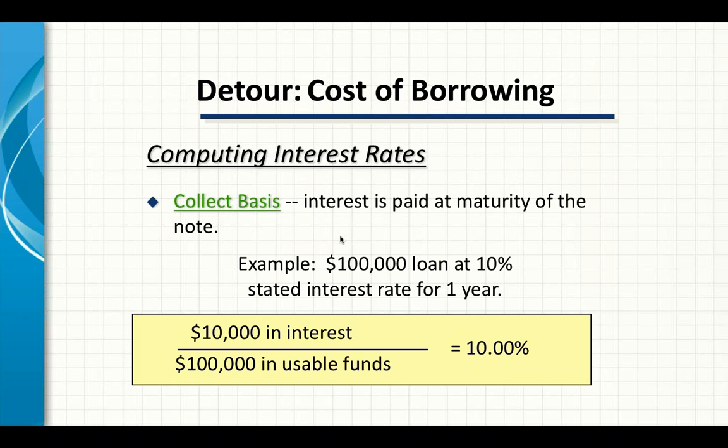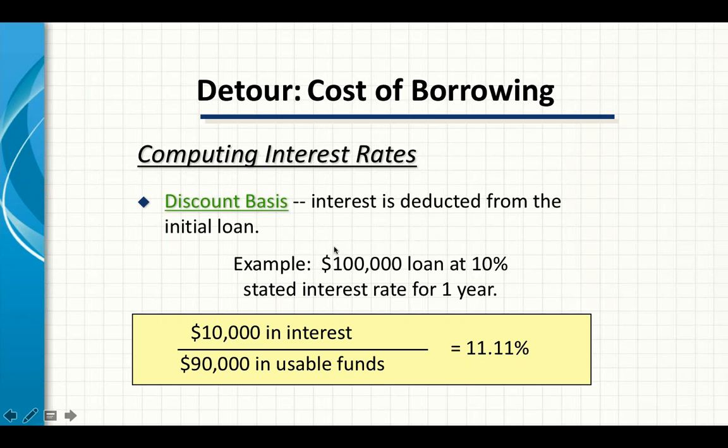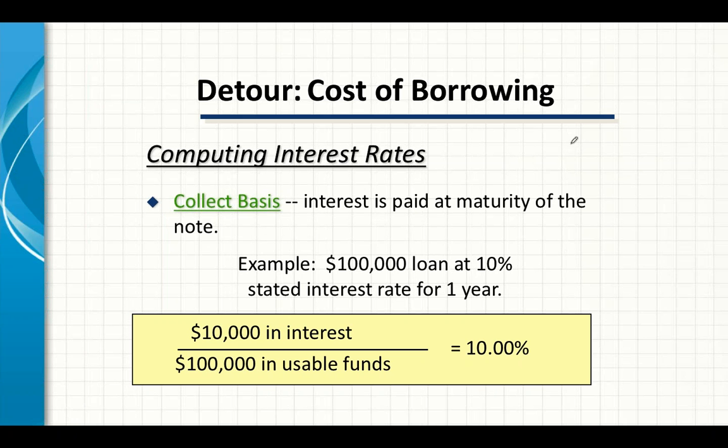The nominal rate, which we also call the stated rate. Here we borrow 100,000 at 10%, so the interest is $10,000. If the loan amount is given in full, it will be 10%. But you may discount the loan. Discounting the loan means interest is received by the financial institution upfront. In the previous case, the bank gives $100,000.